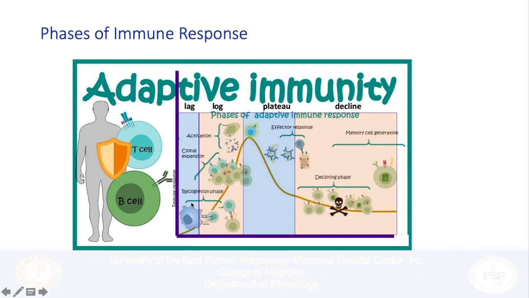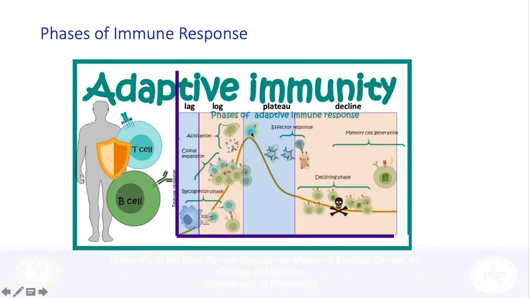So it will be in the recognition phase, which falls under this log phase. During the log phase, this is where the clonal expansion and subsequent activation of the B cells would occur, such that the level of the antibody rises.